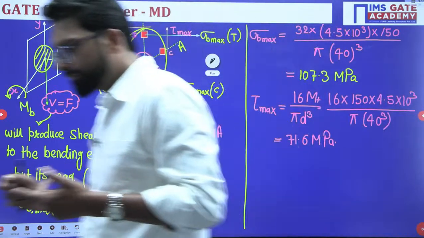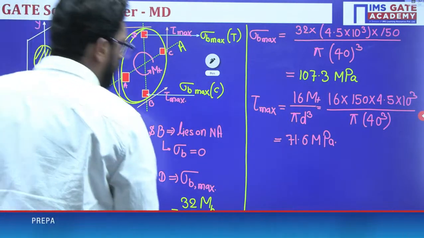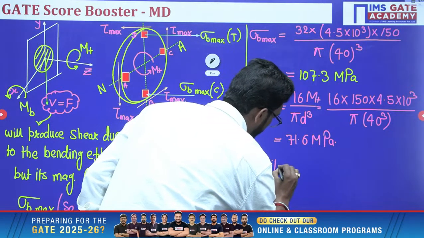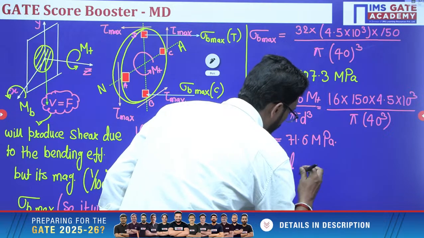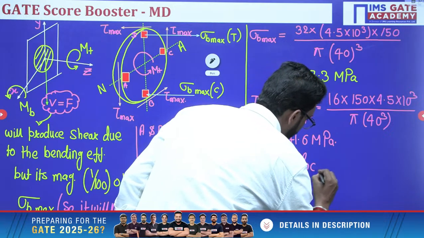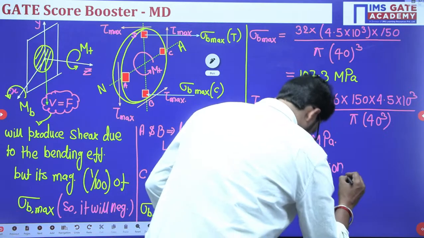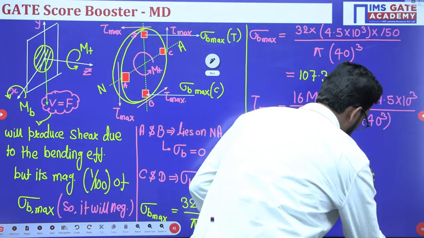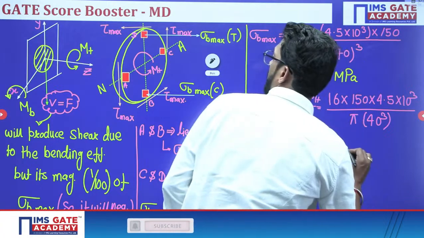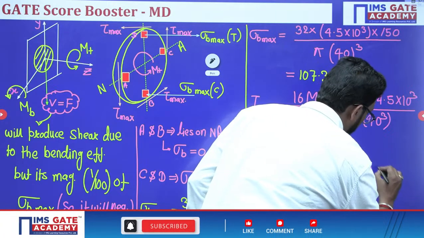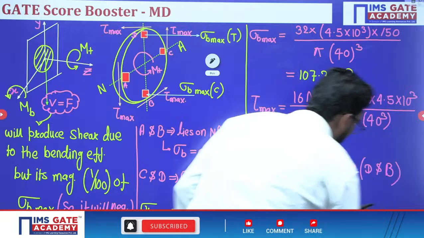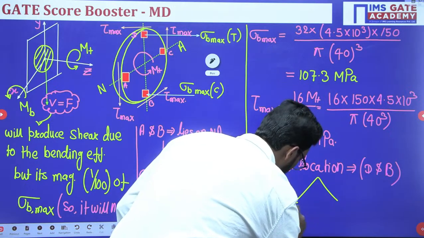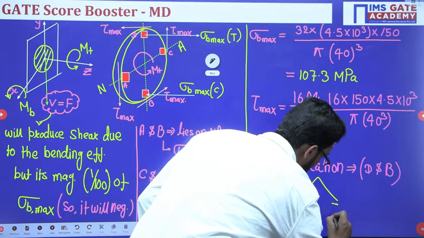Okay. So what is the critical location? The critical location is D and B, and here two stresses will act: bending stress and torsion stress.